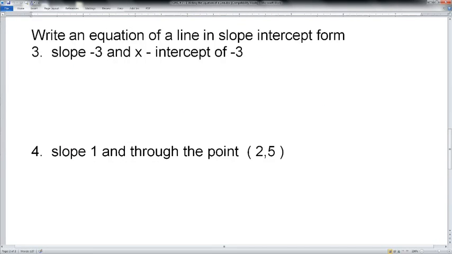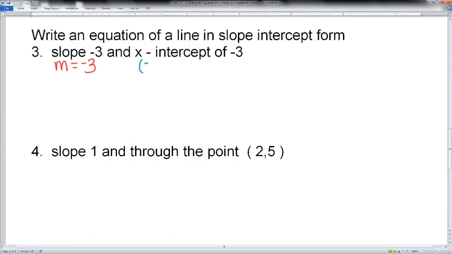Alright, number 3, write the equation of a line in slope-intercept form. So I have a slope of -3 and an x-intercept of -3. So again, they didn't give me the y-intercept, they gave me the x-intercept. So I could write my m is equal to -3, but my x-intercept, remember an x-intercept on the other page I told you is something, comma, 0. It's the opposite of the y-intercept.